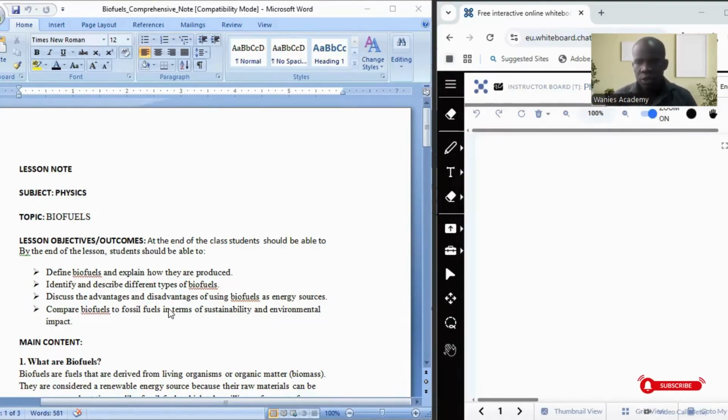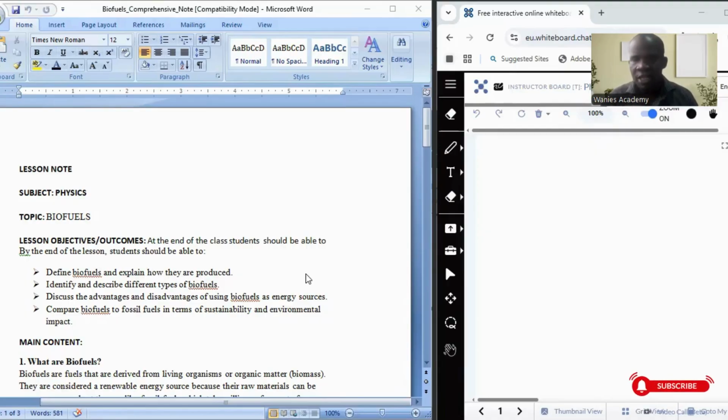Then we're also going to look at the advantages and disadvantages of using biofuels as energy sources. Then, on a final note, we are going to compare biofuel to fossil fuel in terms of sustainability and in terms of its environmental impact.